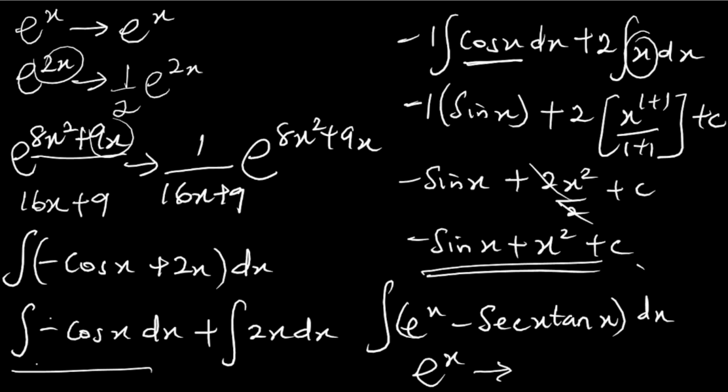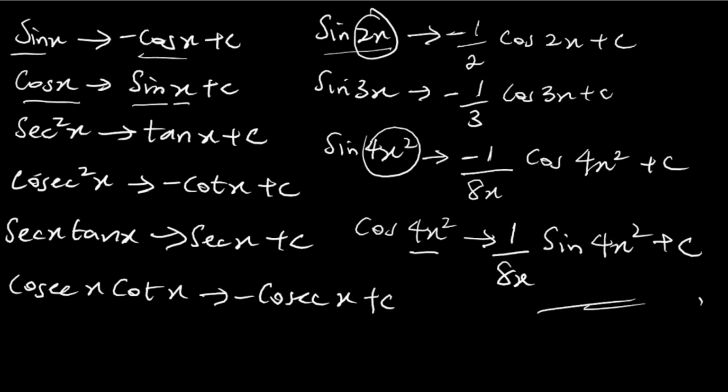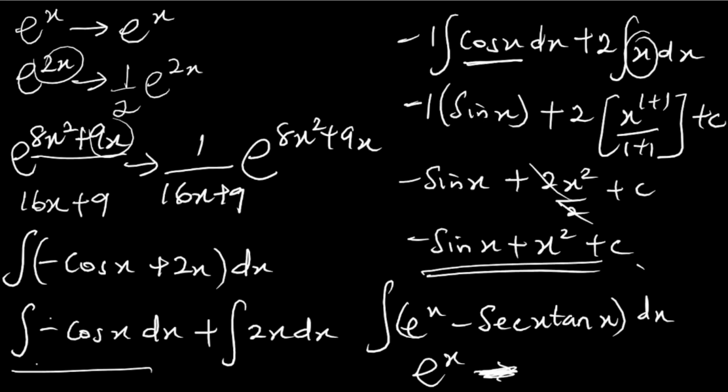Minus sec x tan x, integrating sec x tan x, what will it give us? From what I told you, the integral of sec x tan x is sec x. So this will be minus sec x plus c. Most times you need to know these basic rules. If you don't know them, you'll definitely have problems with integration. I hope you understand this.